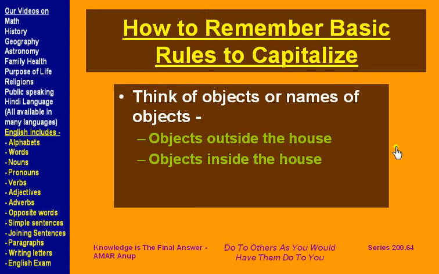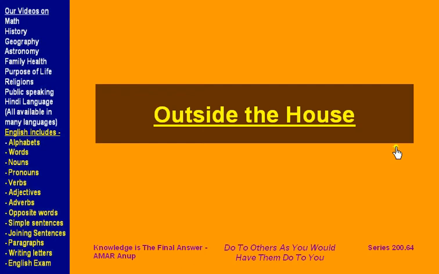There are some objects and things and names outside the house that are capitalized, and there are some inside the house that are capitalized. Let's first look at outside the house things that are capitalized.